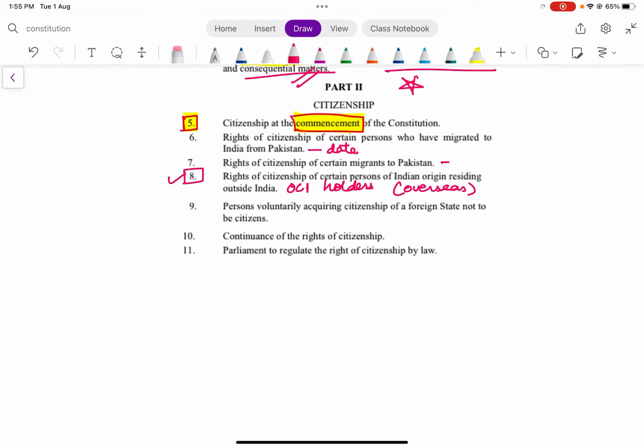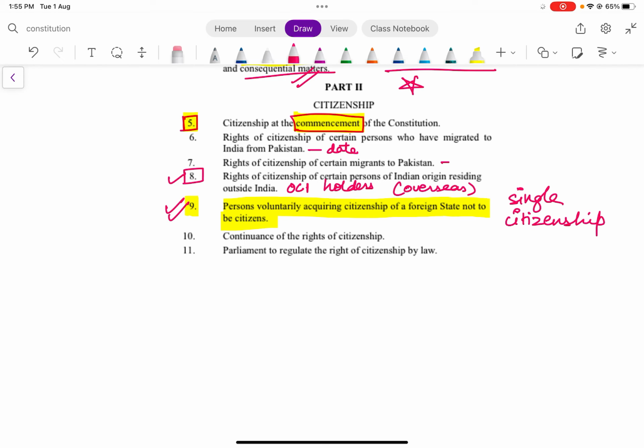Now, persons voluntarily acquiring citizenship of a foreign state not to be citizens. This is again important. There was a simple MCQ in the previous year paper: are persons voluntarily acquiring citizenship of foreign states to be considered as citizens? No, they are not to be considered as citizens, because India follows single citizenship. And which article says so? Article 9 says so. Please remember this.